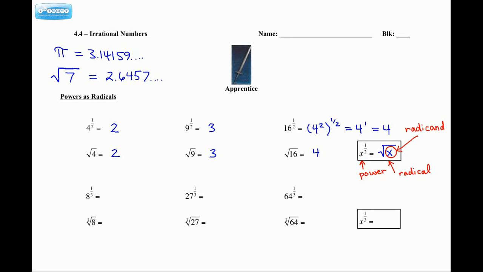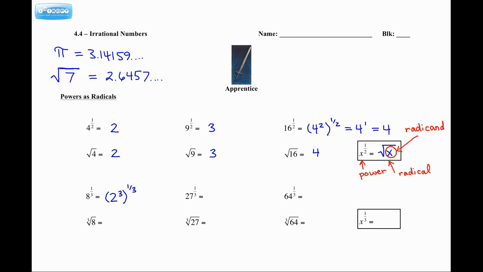8 to the power of 1/3. Well, something to the power of 1/2, that's the same as a square root. So it seems logical that something to the power of 1/3 is a cube root. Well, let's test that. I know that 8 is indeed a perfect cube, hence I can write it as 2 to the power of 3. Remember, you should memorize your basic perfect cubes. And that, of course, is still being raised to the 1/3. So if I apply my exponent rules now, I multiply 3 times 1/3.